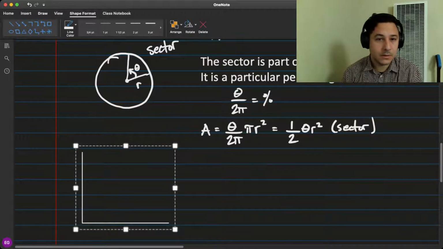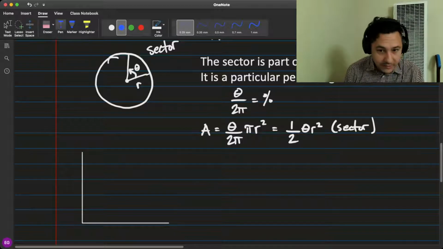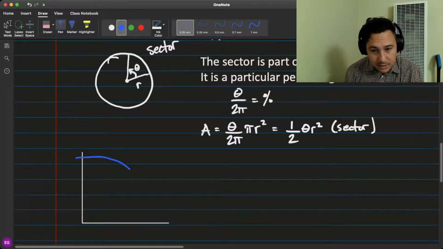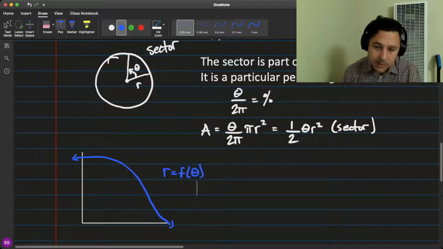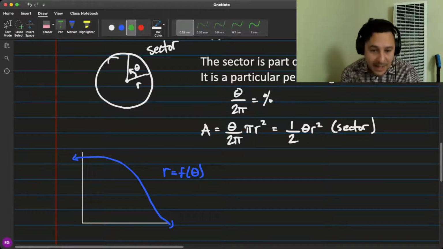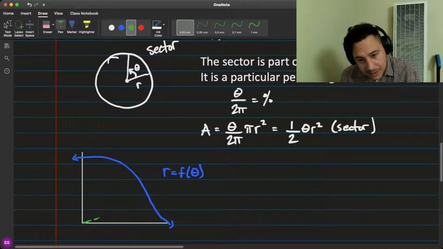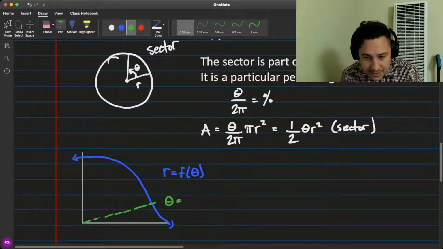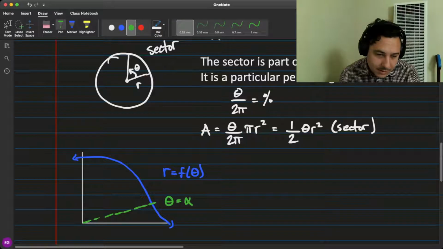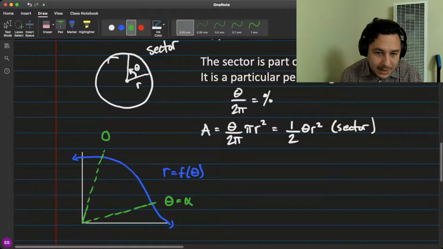So, you've got your function r equals f of theta, and you want to find the area between theta equals alpha and theta equals beta.